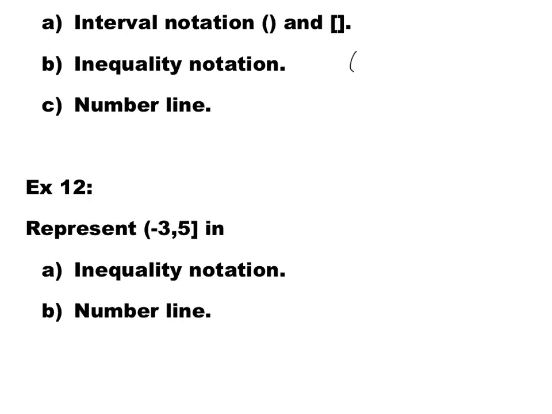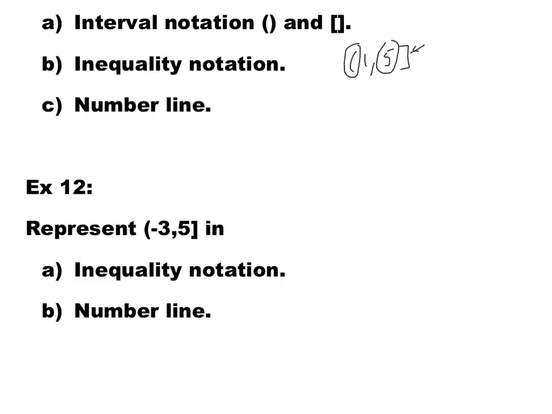Square brackets also include these extreme points. For instance, if I have an interval looking like this, this means that the values are between 1 and 5, but including 5 because of the square bracket, but not including 1 because of the bracket.